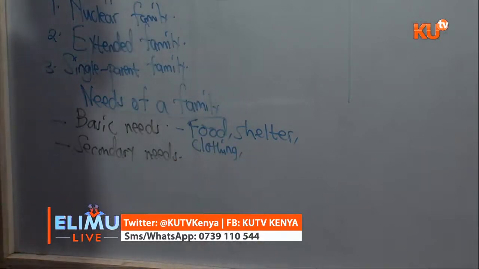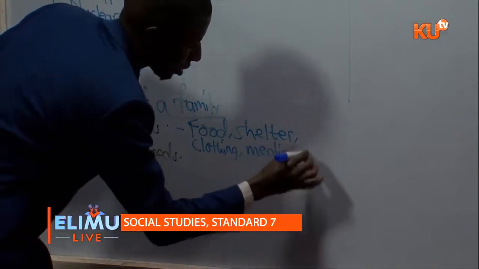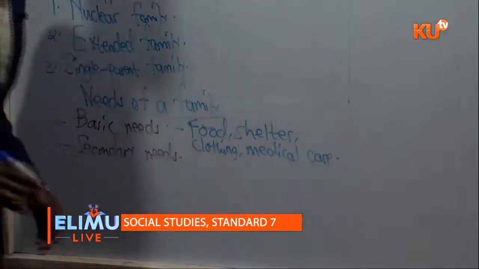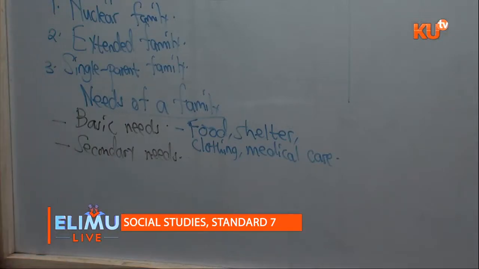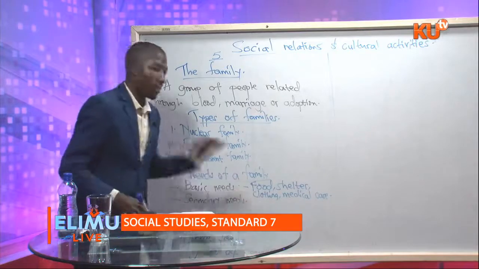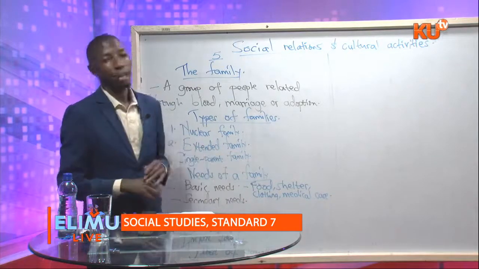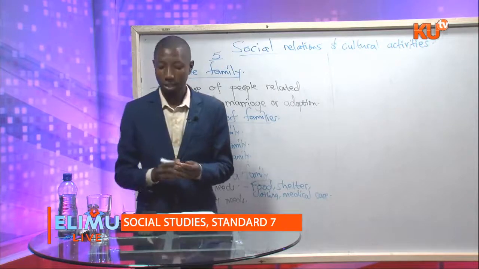And the last basic need is medical care. When you are sick, you go to hospital and you are treated. So these are the things that you need for survival: food, shelter, clothing, and medical care. The rest are secondary needs.